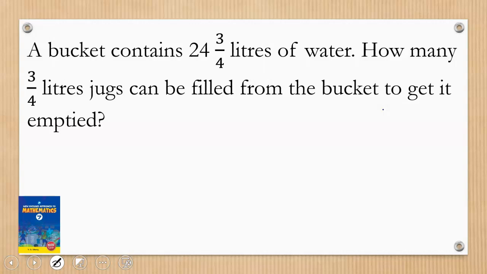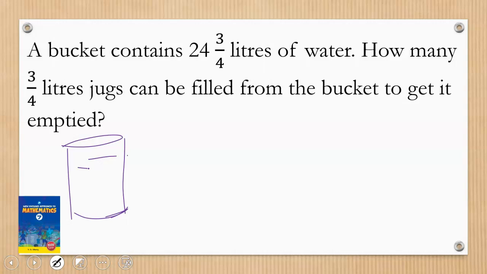Now, let's take another example. A bucket contains 24 3/4 liters of water. How many 3/4 liter jars can be filled from the bucket to get it emptied? So we have a bucket, okay? The bucket is full of water and the quantity of the water is 24 3/4 liters.